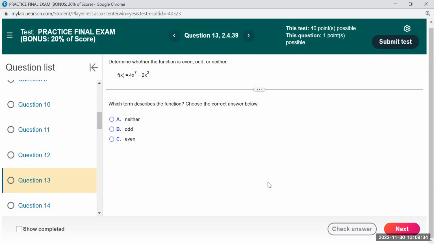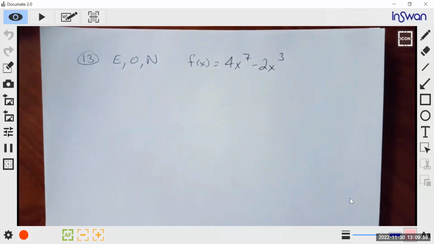Determine whether the function is even, odd, or neither. f of x equals 4x to the 7th minus 2x to the 3rd. During class, we talked about there's a shortcut for this.